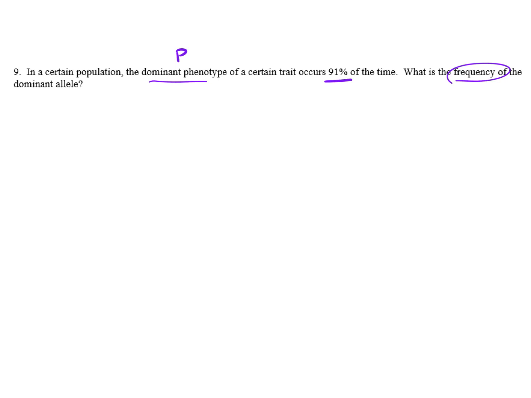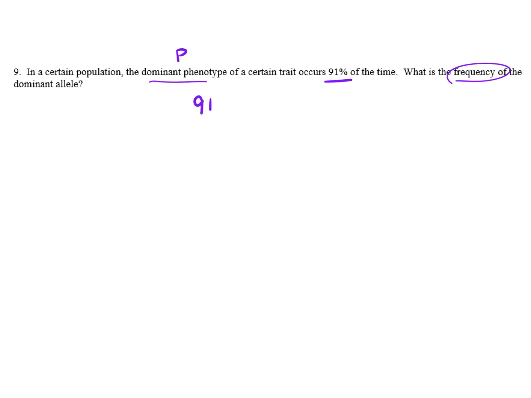Now, you might initially say, okay, well, the frequency is 91%. The frequency of the dominant allele is 91%. Here's the problem. Just because the phenotype is dominant doesn't tell you whether it's double dominant or one dominant and one recessive.